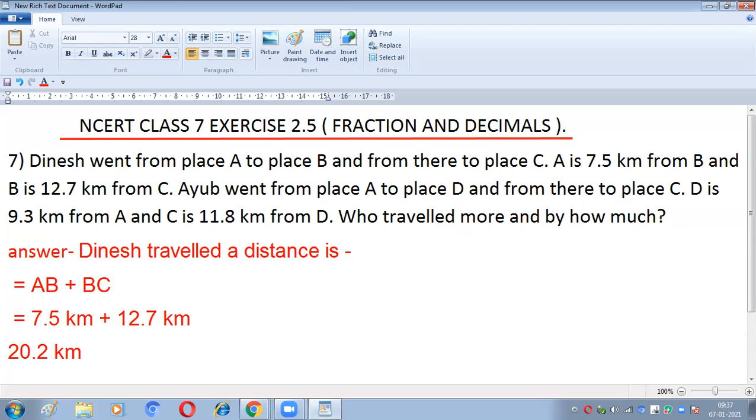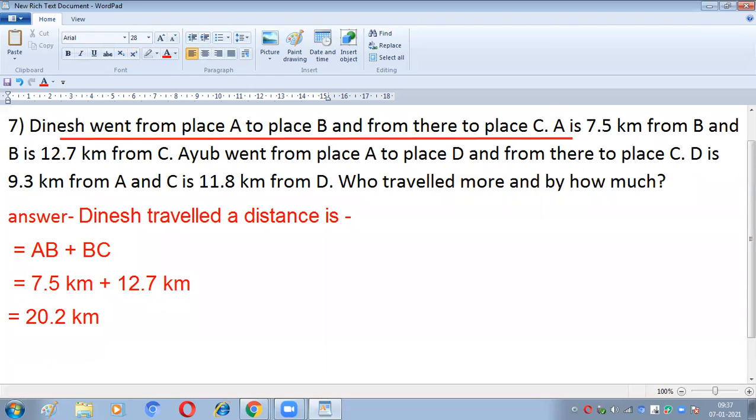The sum of 7.5 kilometer and 12.7 kilometer is 20.2 kilometers.